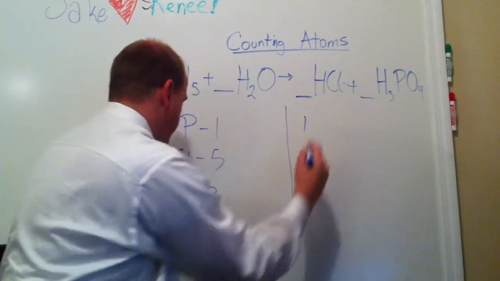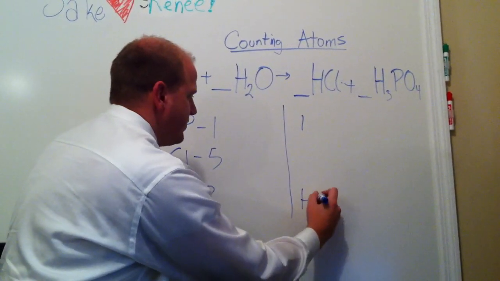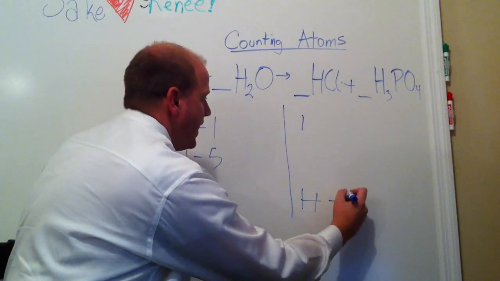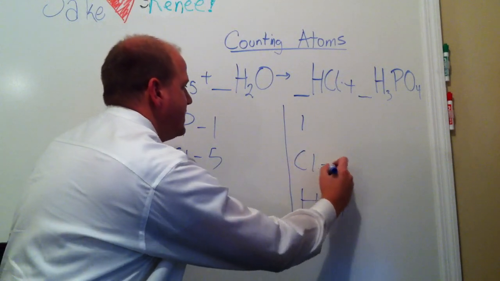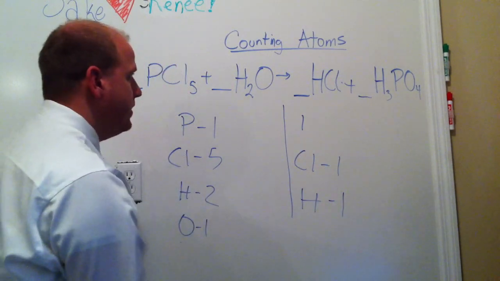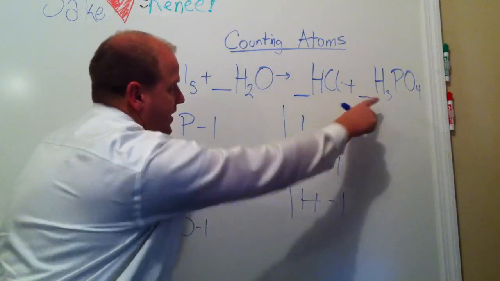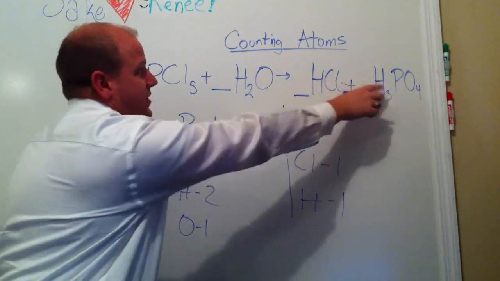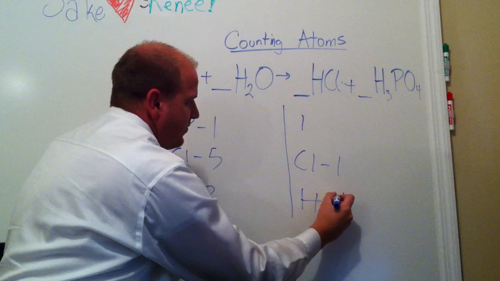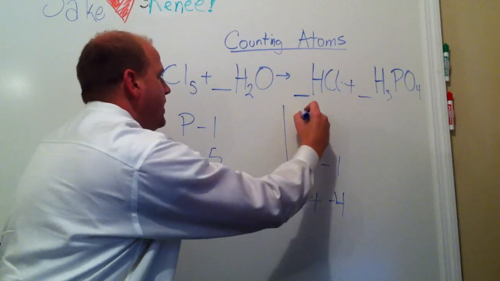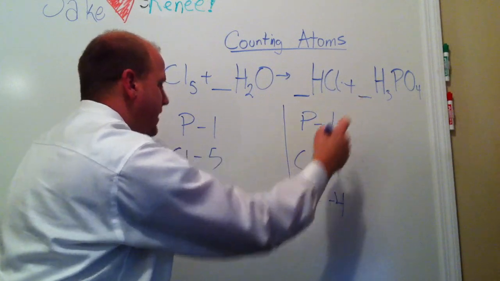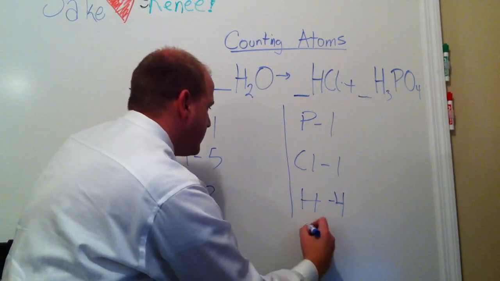We've got 1 chlorine. We don't have 1 hydrogen, we got 4. I forgot to add it. Gotta make sure you get both sides. So we actually have 4 hydrogen, 1 chlorine, 1 phosphorus, and 4 oxygen.